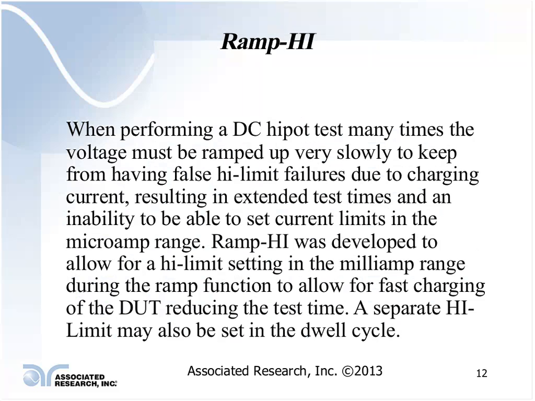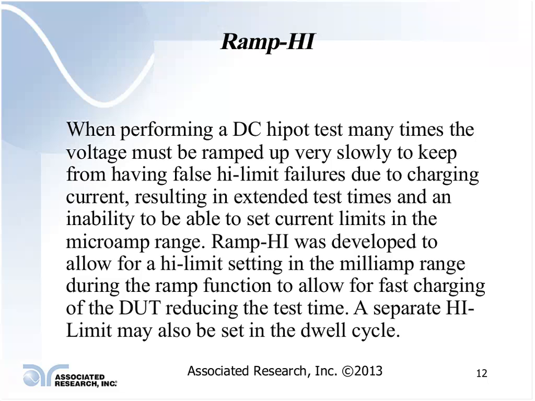Okay. If people try to set up a very low value of leakage current in doing a DC test, then we had a problem where in many cases, if you ramped up the voltage too quickly, the charging current would trip off the Hipot tester because you exceeded this low leakage current value.